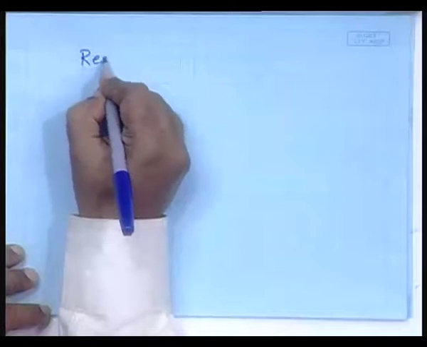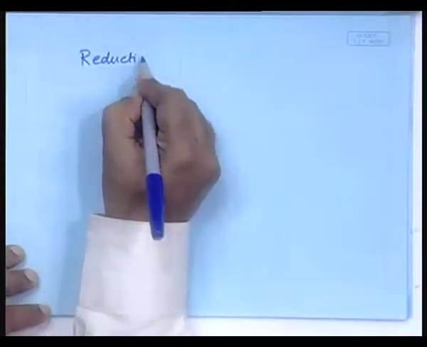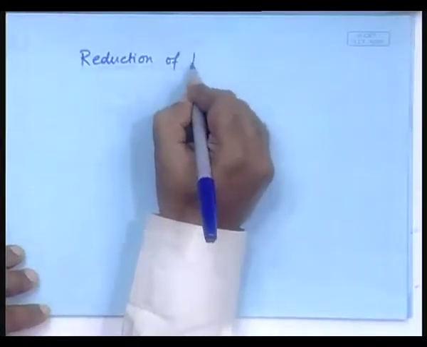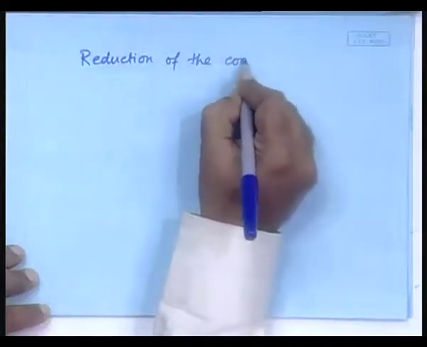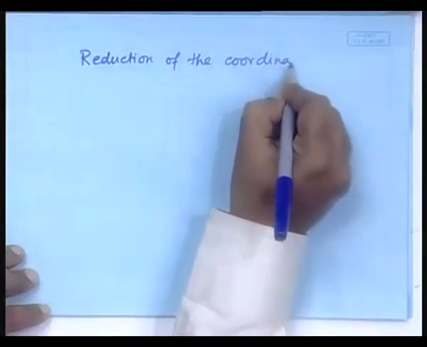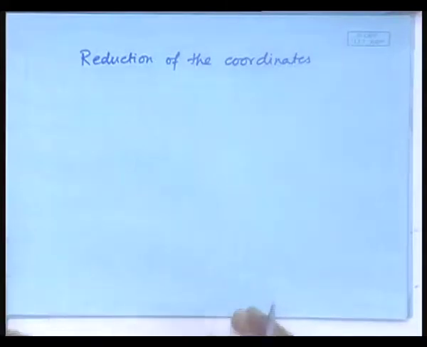Okay. The second problem was the reduction of the coordinates, and in that what did we argue?